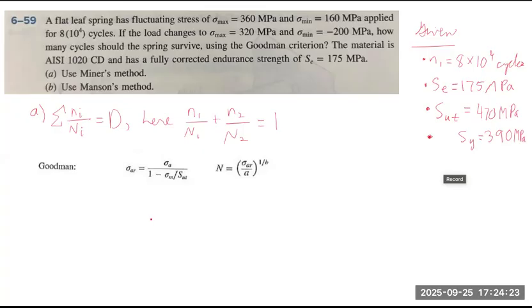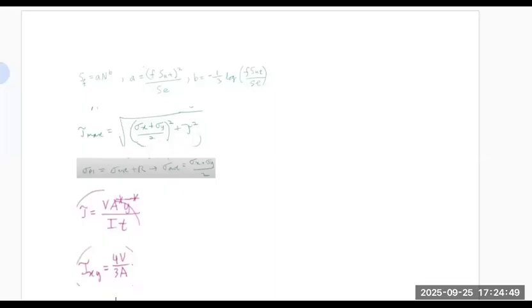But before even doing that, we have to find a and b. a is given by, as we see in this equation sheet that I created, f times SUT, which is the ultimate tensile strength, over SE. And then b is given by negative 1/3 log of f times the ultimate tensile strength over SE. So these are the two equations that we'll be utilizing as well.